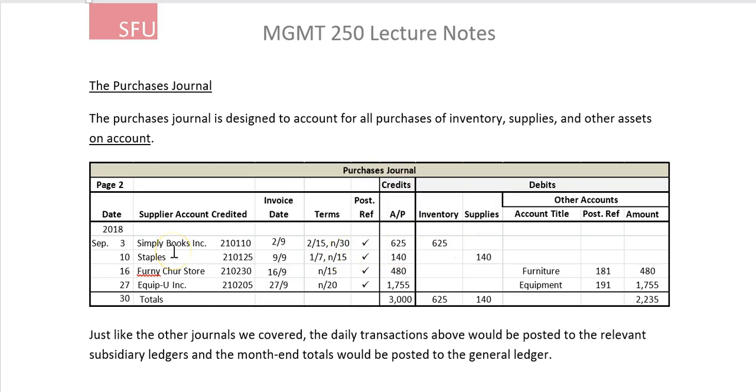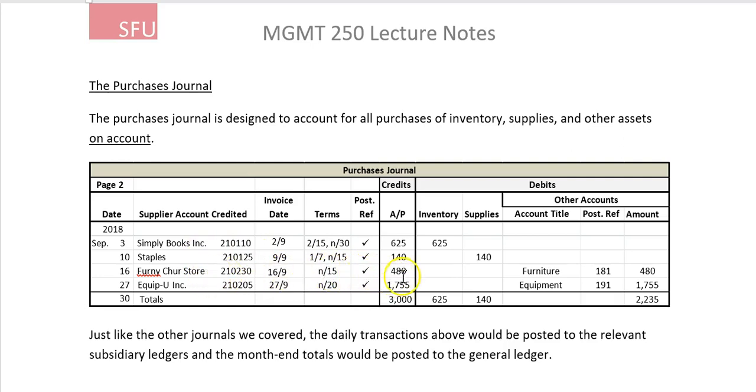Next, we can have a look at the Staples transaction. So again, we bought $140 worth of supplies. We owe the money in 15 days. We can get a 1% discount if we pay within a week. Then we bought furniture.